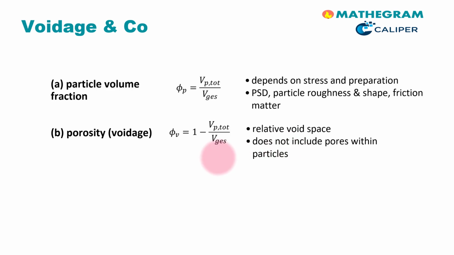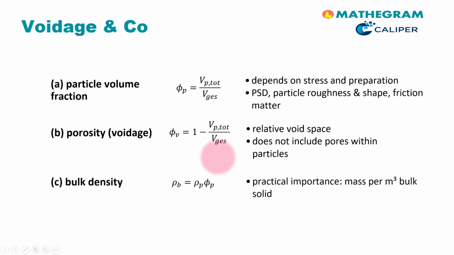The next super important quantity is the bulk density. It is the product of the particle density and the particle volume fraction. The reason for this importance is industrial practice. The bulk density tells us how much mass we can store per cubic meter of a bulk solid.